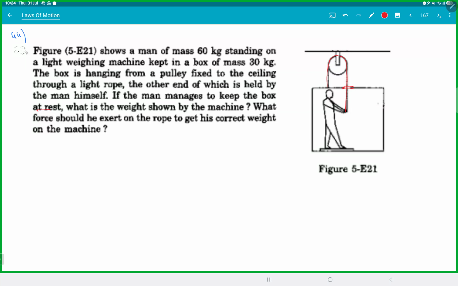60. No way, what are you talking? The man's weight is 60. He's asking for the reading now.